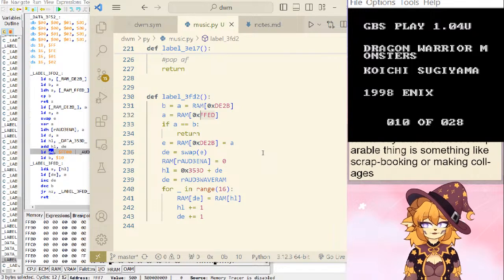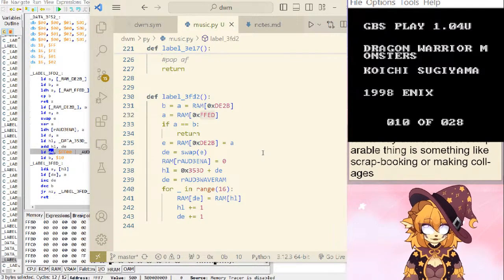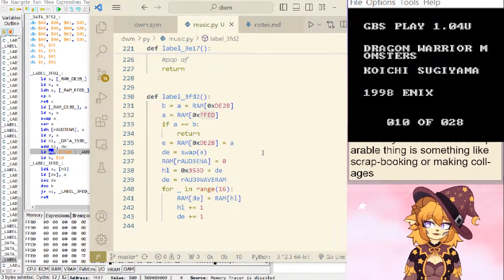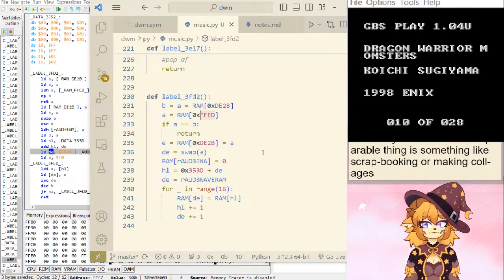It disables the channel and then loads it. I'm sure that has something to do with how it works. And that will enable it later.